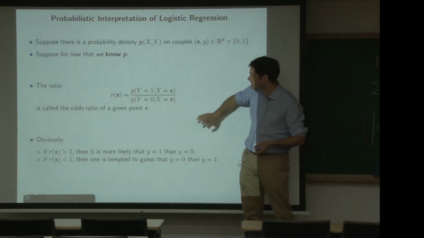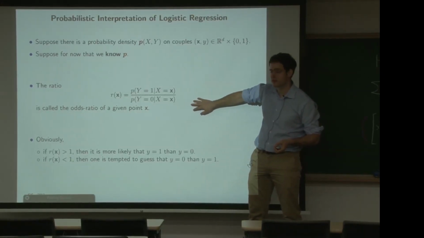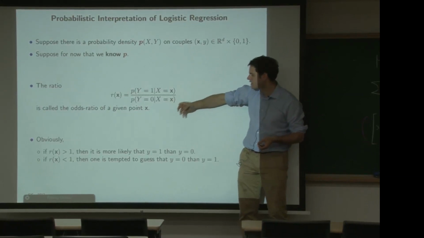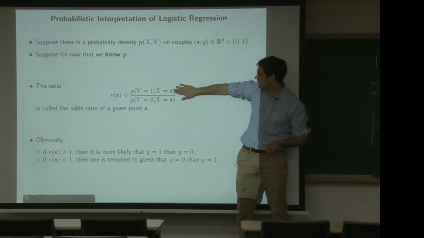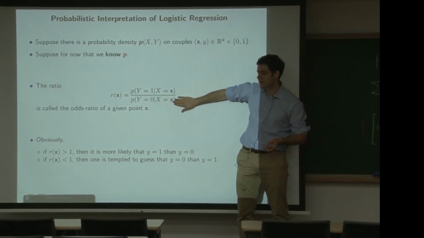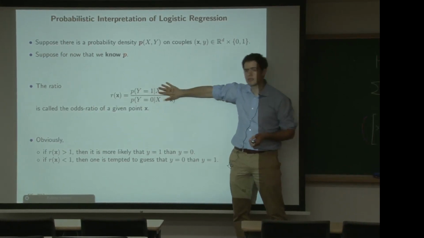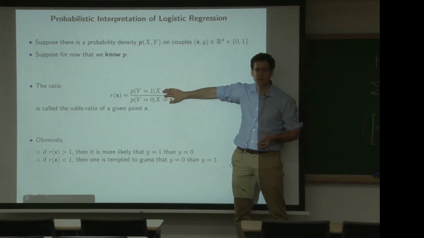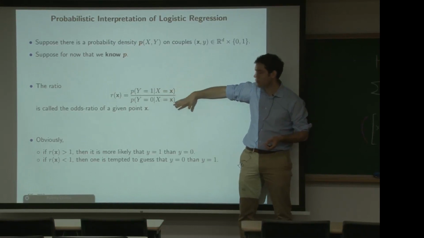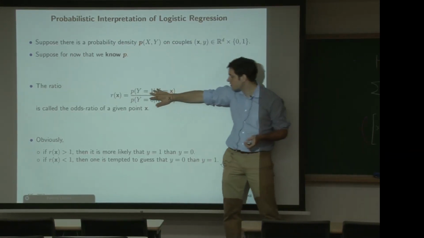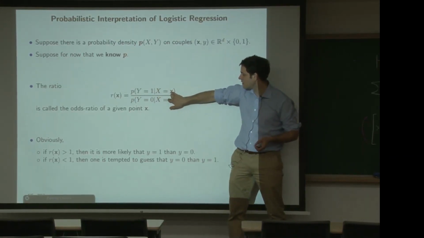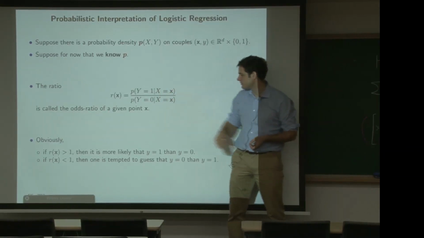So the ratio here is called the odds ratio of a given point. Why is it an odds ratio? Because if this is bigger than this, if this is very small, this will be huge. This ratio will be very big, and this quantifies how strongly we can predict that this point is more likely to be a 1 than a 0.